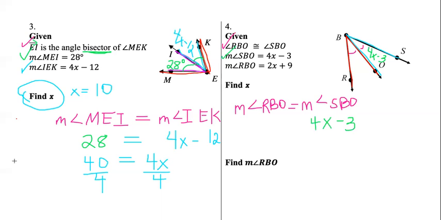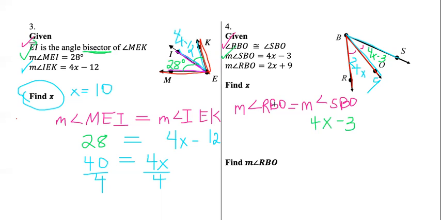Okay. One more to go. The measure of angle RBO, that's the red angle, is 2x plus 9. So we put that in right here. And I'm writing sideways, okay?